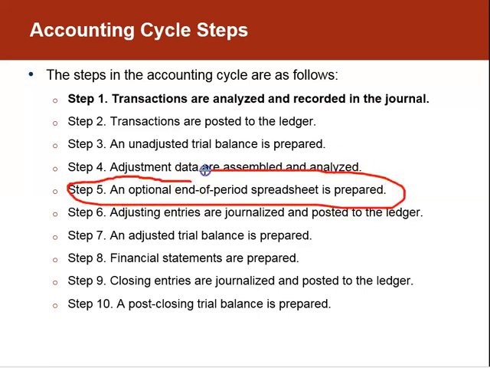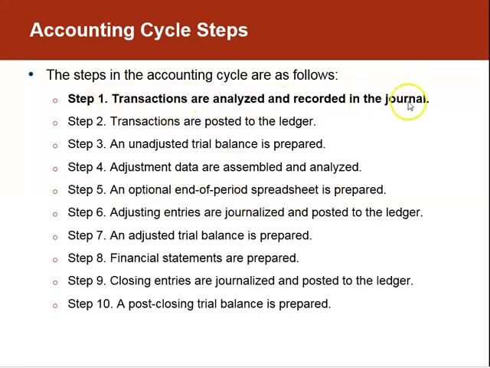This end of period spreadsheet, I haven't talked about that, so if you want to skip over that one, that's fine. I just wanted to bring that to your attention. Normally, I think of the accounting cycle as being 10 steps as well. I would not include this, but I would break step 1 into 2 different items.